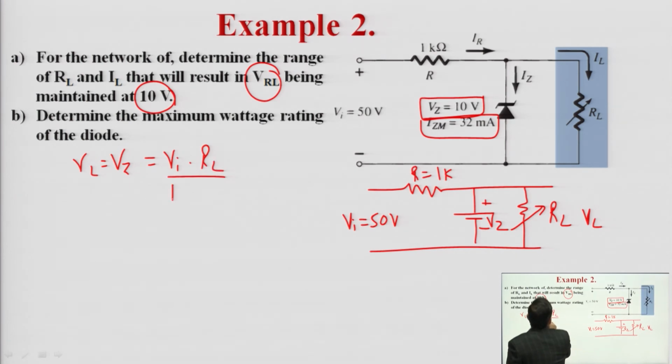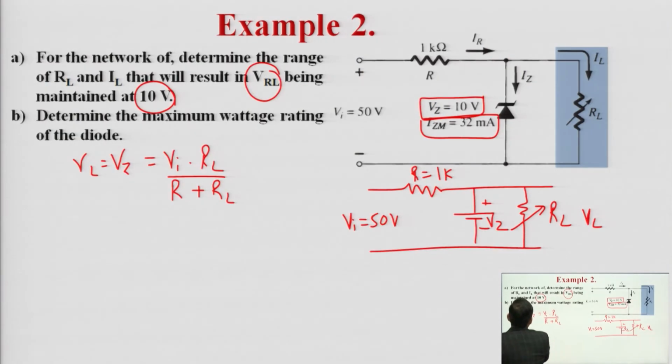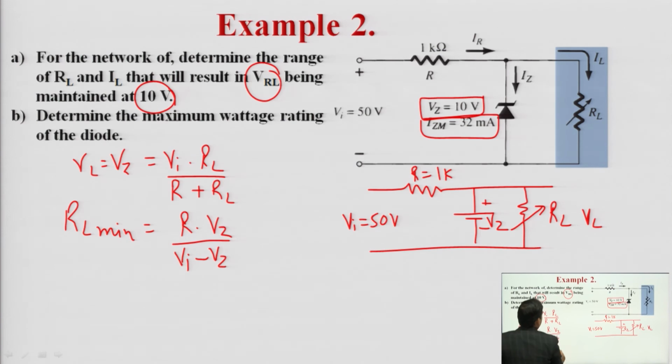So we can say that Vz is equal to VL, which equals Vi multiplied by RL divided by R plus RL. Or directly we can calculate RL minimum: RL minimum is R multiplied by Vz divided by Vi minus Vz. So R is fixed at 1, multiplied by Vz, which is 10, and Vi is 50 minus Vz, 10.